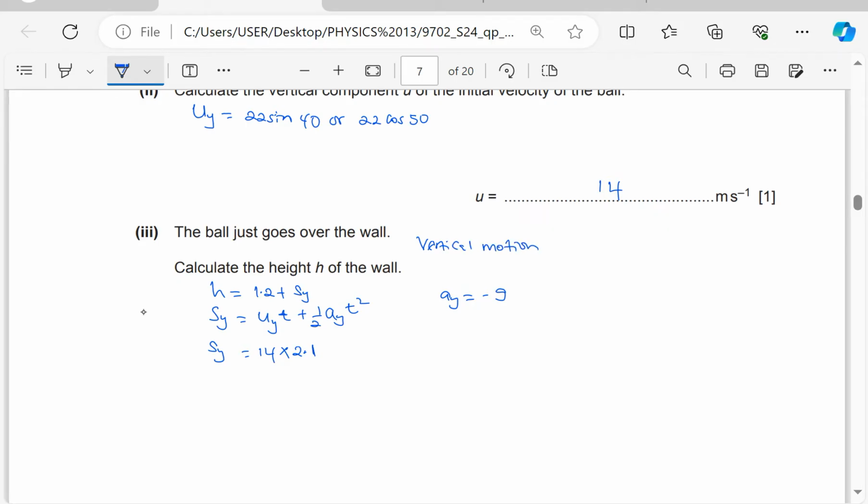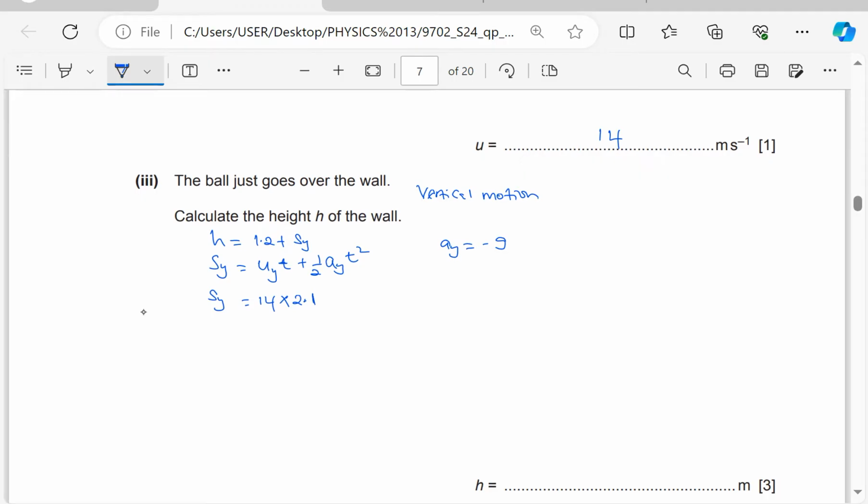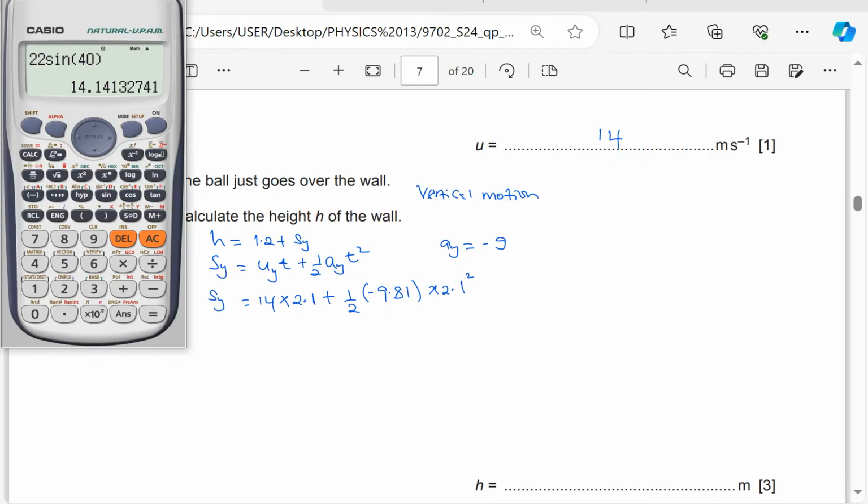So here, remember, I've considered vertical motion. That is motion in the vertical. Then this will be plus a half, but the acceleration is negative. So plus a half of negative 9.81, then times 2.1, but this is squared.